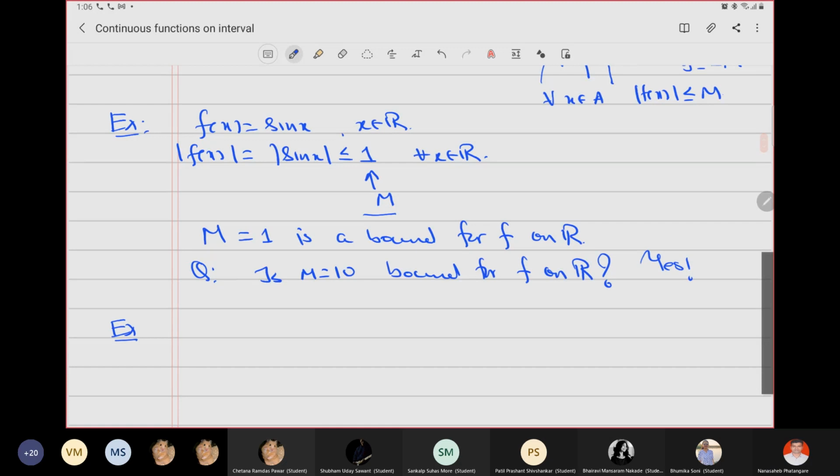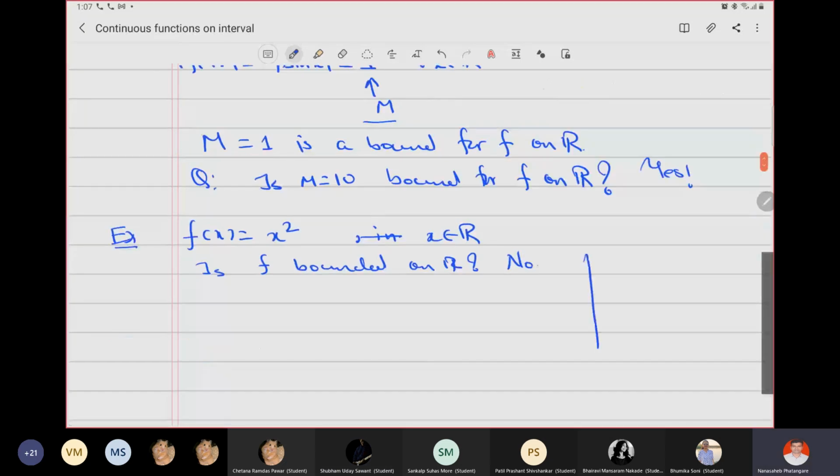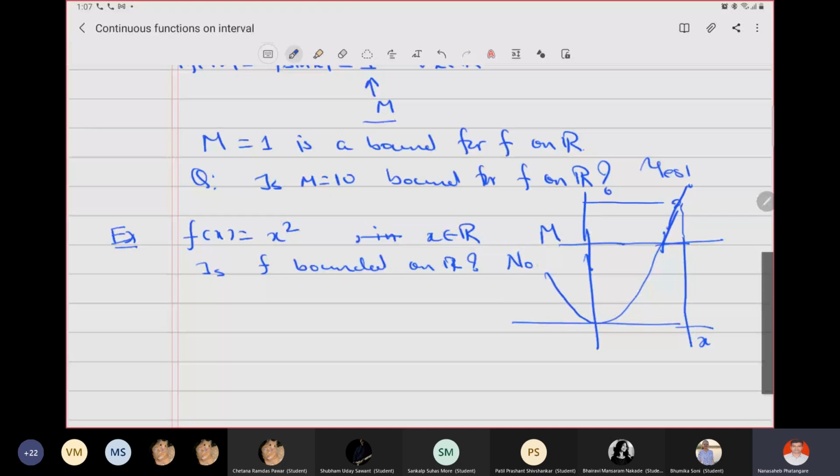If you take f of x is equal to x square, with x in R, is it bounded on R? The answer is no. If you look at the graph of f of x equal to x square and try to put any bound m, there exists x at which the value of the function f of x is greater than m.